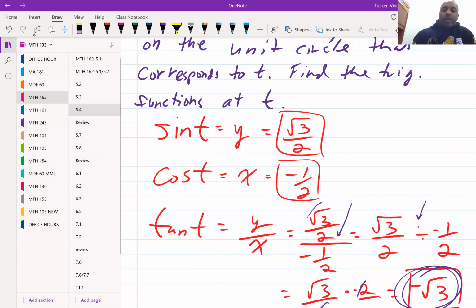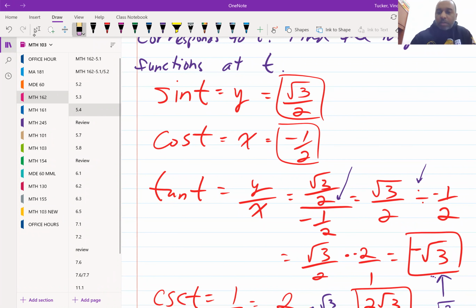All right, so now the work behind getting tangent. Let me just erase some of this stuff. So you do y over x. And what I was pointing out here, if you forgot by some chance, your fraction rules and division, this fraction bar is the same thing as this division sign. So I went from writing it vertically to horizontally.